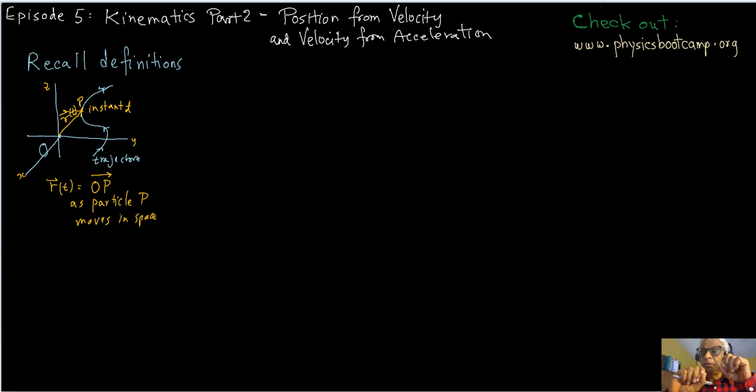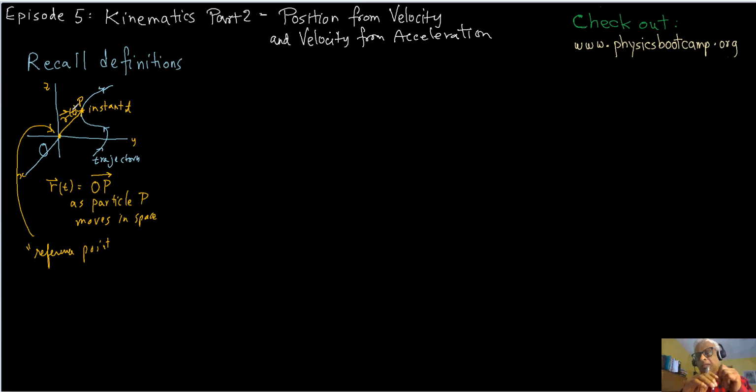And we learned that the most fundamental thing to know is position with respect to some fixed point. This is like an origin, a reference point. Once we put a reference point, wherever the object is at that instant, that vector in space is going to be the position vector with respect to that origin O.